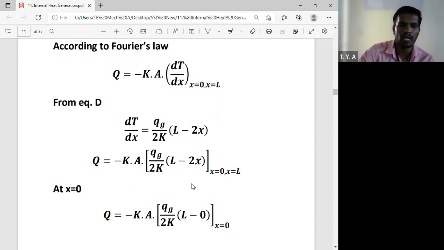At x is equal to 0, the equation becomes Q is equal to minus k into A into qg by 2k into bracket L minus 2x. So x value is 0.